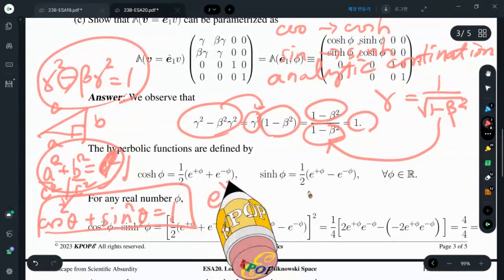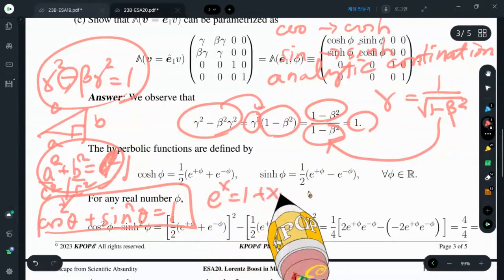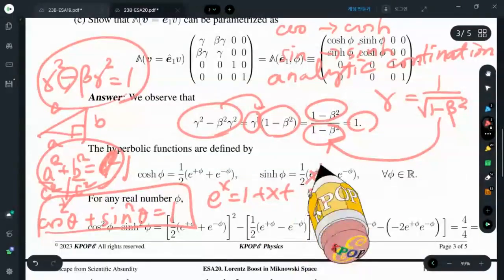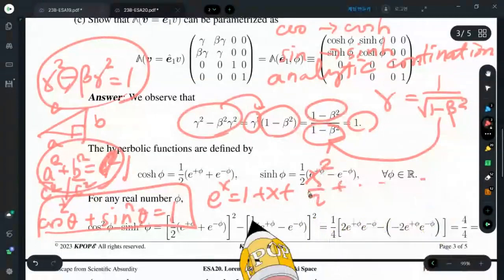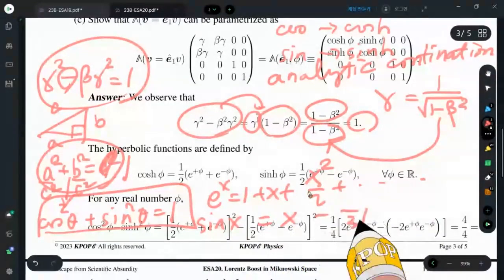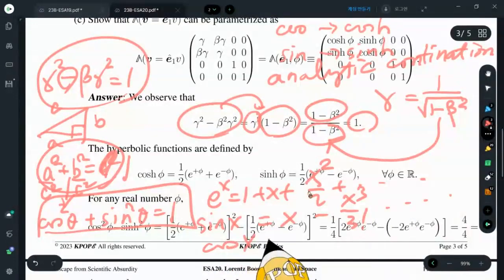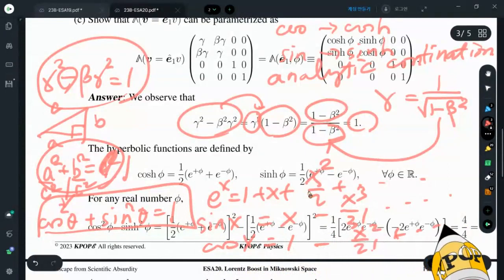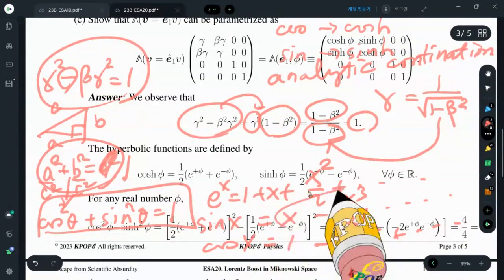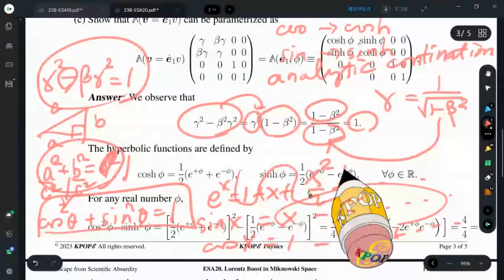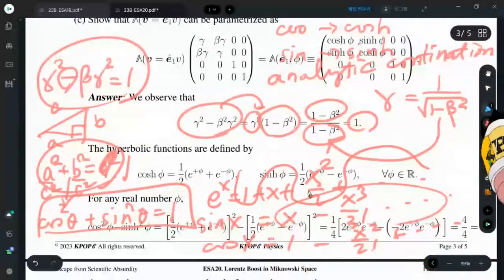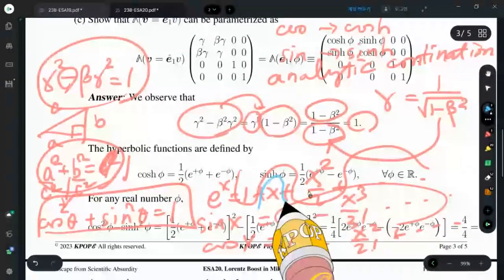You remember the exponential function is 1 plus x plus x squared over 2, and so on. Sine x is x minus x cubed over 3 factorial, and so on. Cosine is 1 minus x squared over 2, something like that. This one selects the even terms and odd terms. Okay?